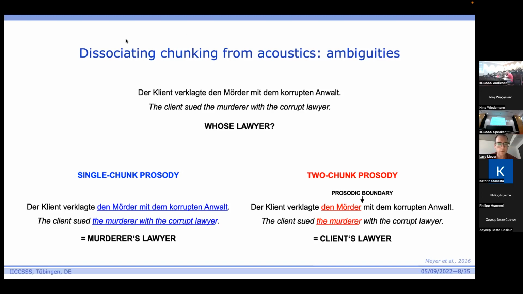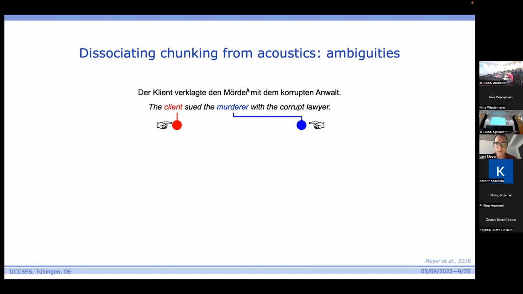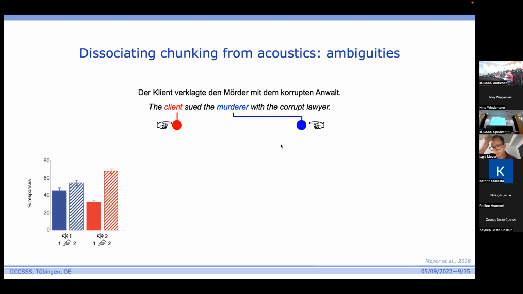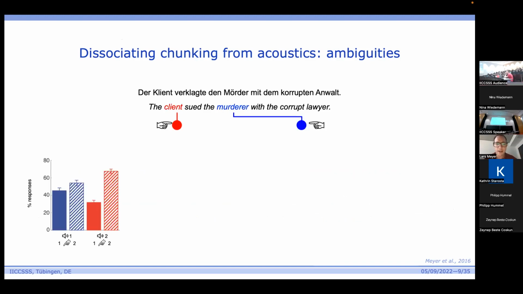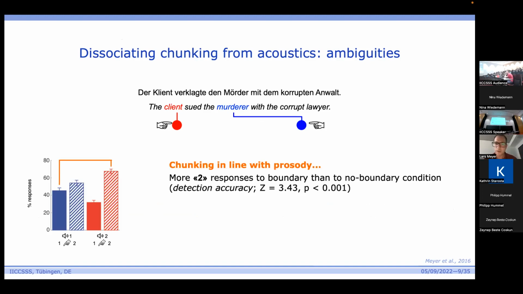Usually in actual speech, you have an acoustic stimulus that tells you what to do. But when we ask people in an experiment whose lawyer this is, and we present the sentence in both acoustic conditions, with the one or the other prosody, we find that they do take prosody into account.